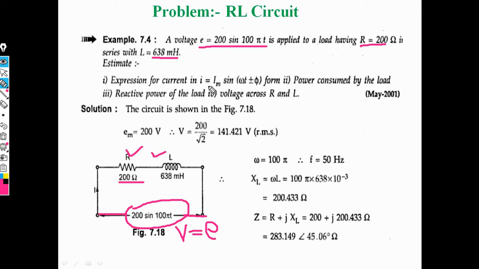First calculate the expression for current, that is I is equal to Im sin omega t plus or minus phi.